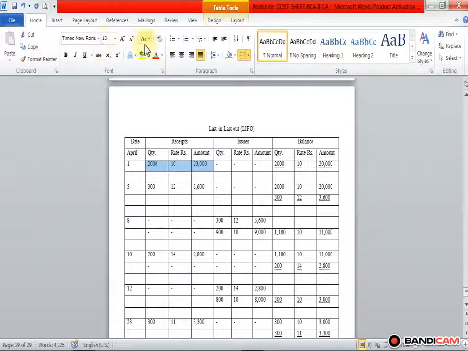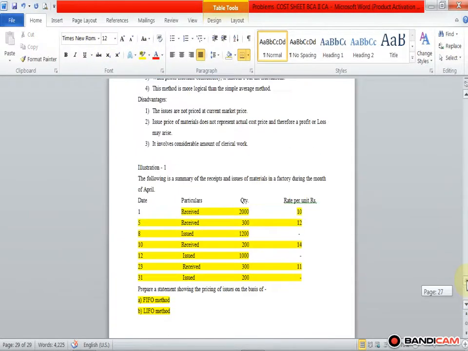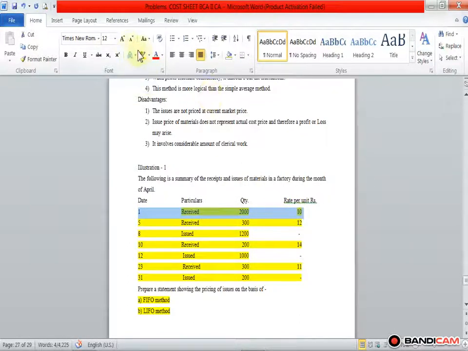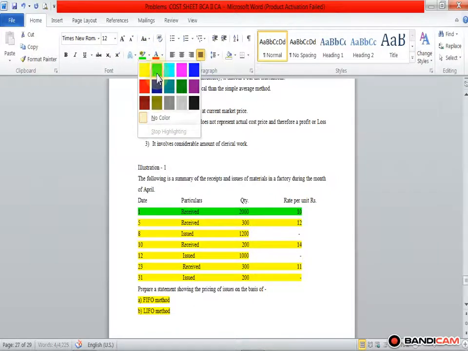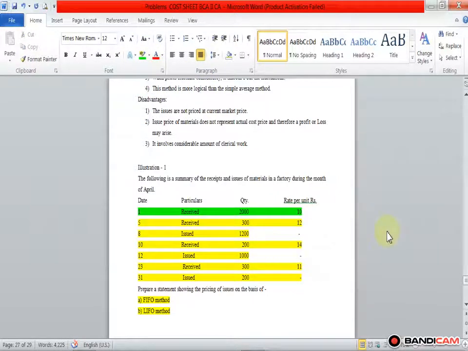So on 1st April we received 2000 quantity at rupees 10 each, amounting to rupees 20,000. See in the problem, we received material on 1st April of 2000 quantity at rupees 10 per unit.